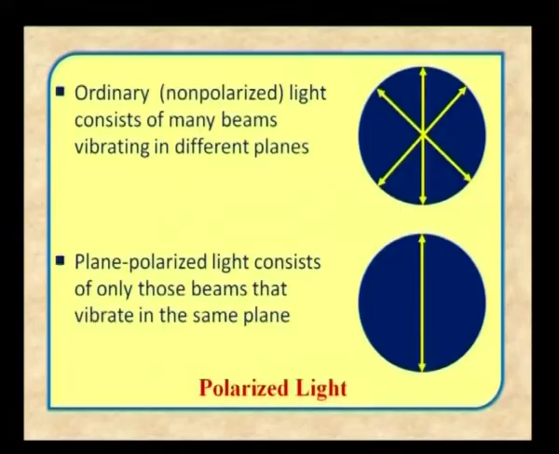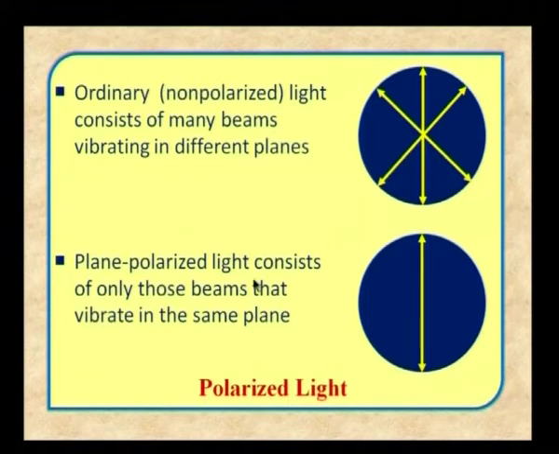unpolarized light. Now, this unpolarized light will become plane polarized if it is passed through a crystal like quartz or tourmaline, as we have seen earlier. The ordinary light consists of many beams vibrating in different planes, and that is shown at the top.